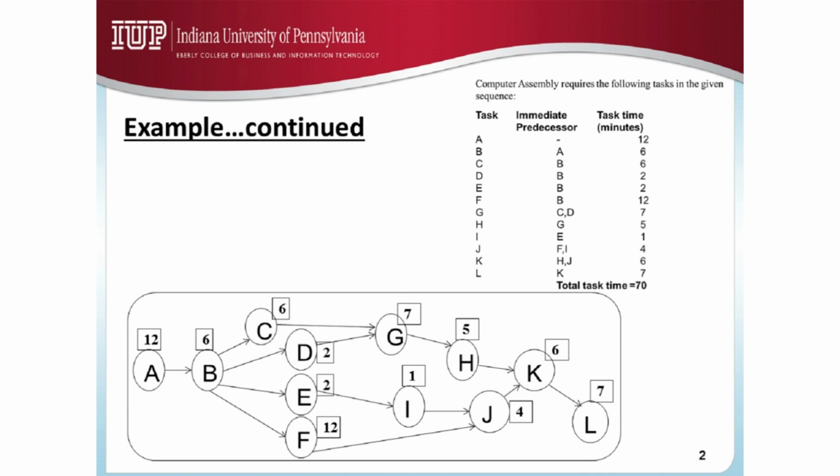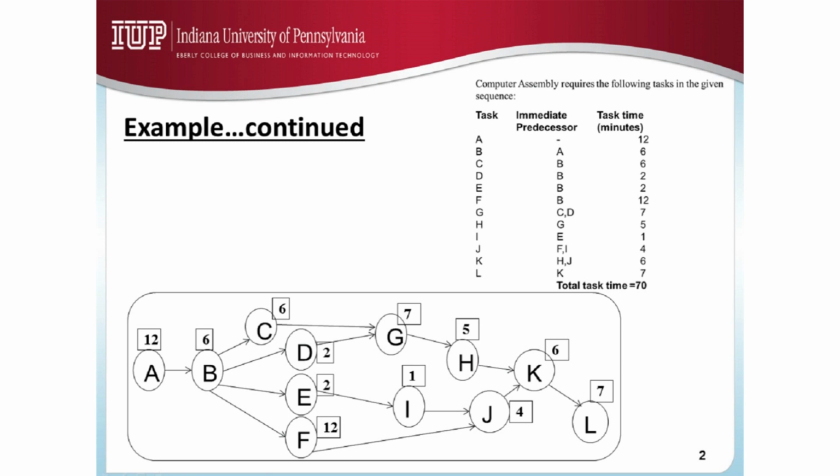The first step now is to understand the precedence relationship in this assembly. I won't spend too much time explaining to you this, because you have understood this in project management. All we are doing here is translate these 2 columns, the tasks and the immediate predecessors, into this network diagram.